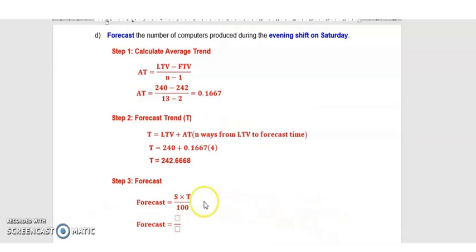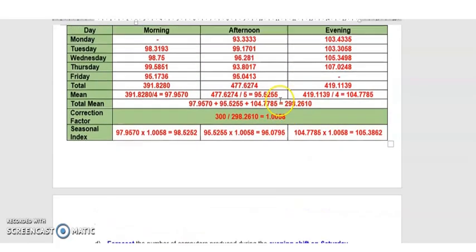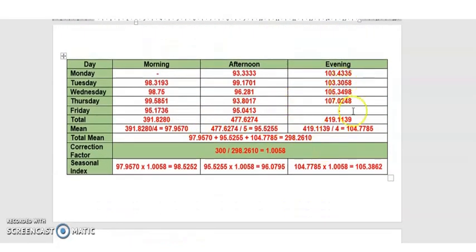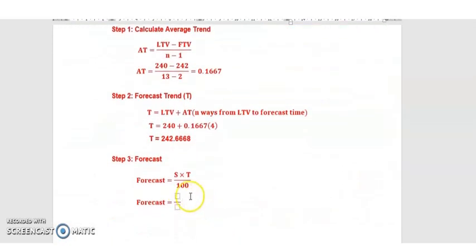The last step is to forecast the number of computers produced on the evening shift on Saturday. The forecast equals the seasonal index multiplied by the trend value, divided by 100. Look at the seasonal index table. The evening shift seasonal index is 105.3862.